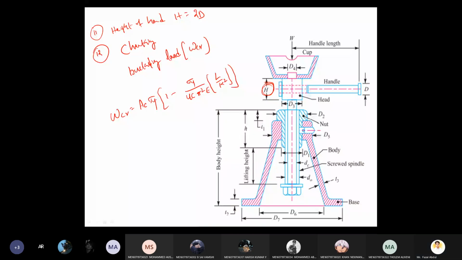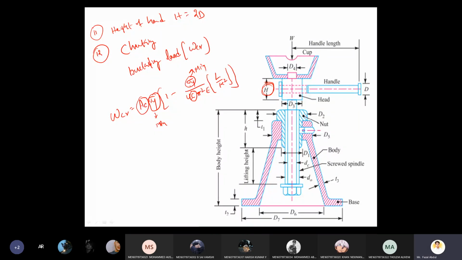Where AC is the compressed area, sigma y is the yield strength in megapascal, and C is the end flexibility coefficient.